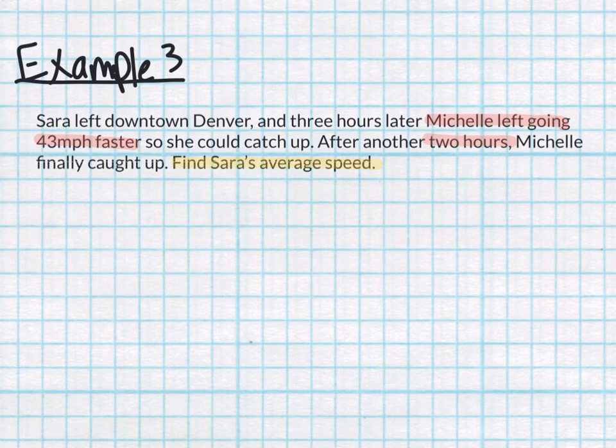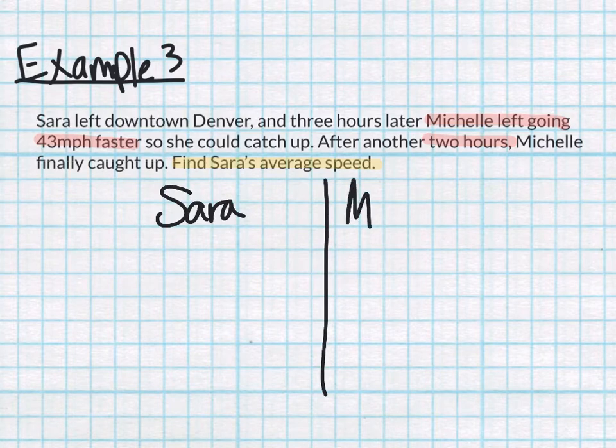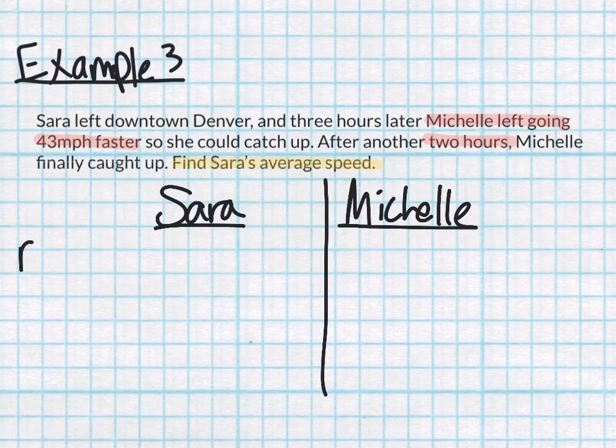Okay, so now this one's going to be a little more complicated, but we can still do it. So we've got two people. We've got Sarah, and we've got Michelle. And we can still work this out with our rate of speed, time, and distance.